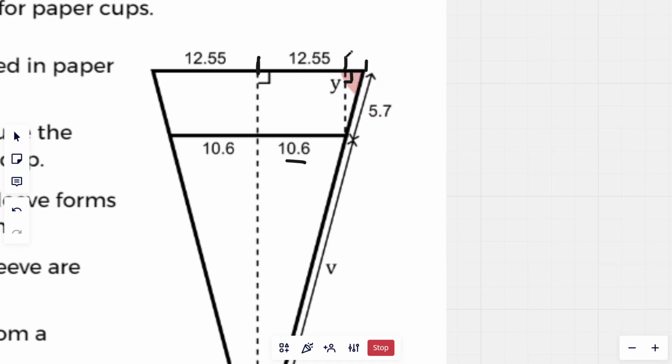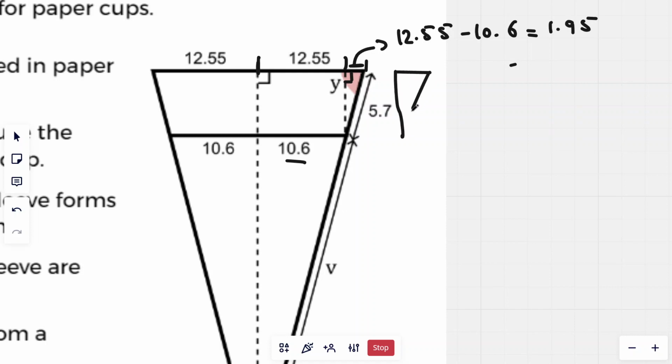So then one can argue that this distance is 12.55 minus 10.6, which would equal 1.95.